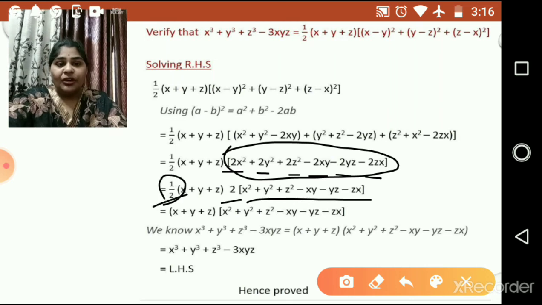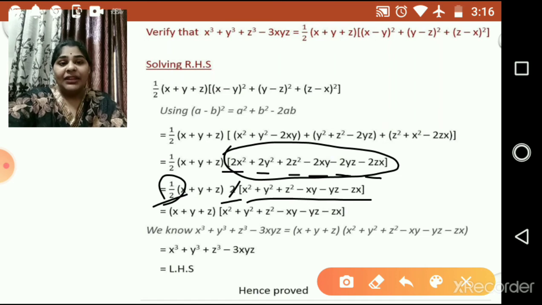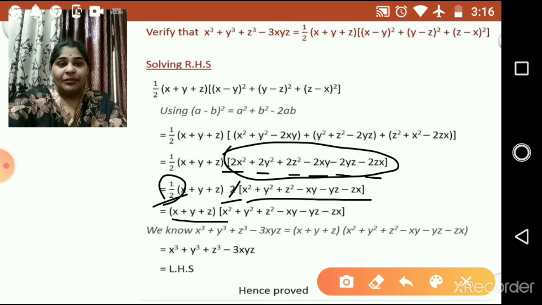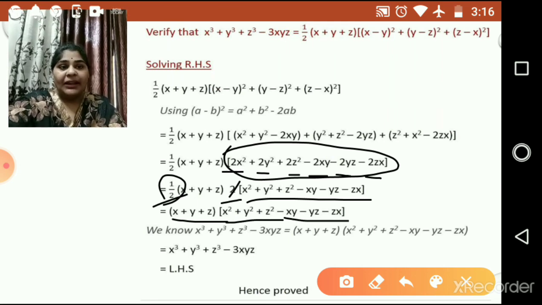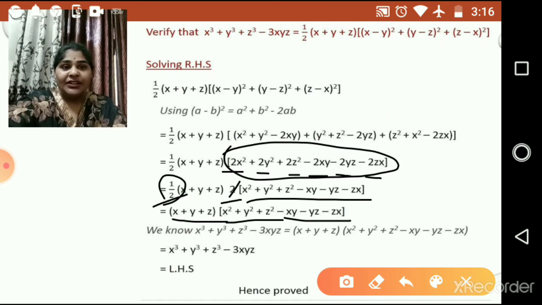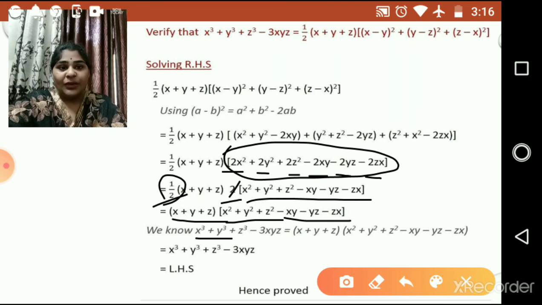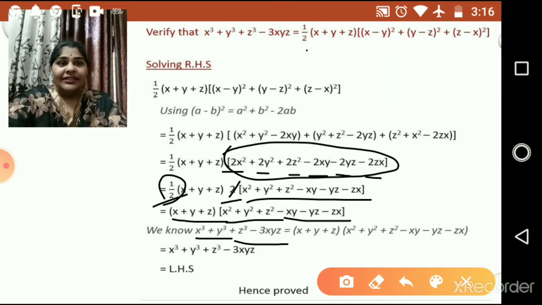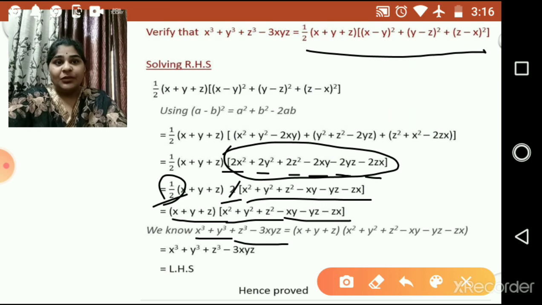So the denominator 2 and the numerator 2 get cancelled, and the remaining terms are x plus y plus z in the bracket multiplied by x square plus y square plus z square minus xy minus yz minus zx, which is nothing but equal to x cube plus y cube plus z cube minus 3xyz in our identity.